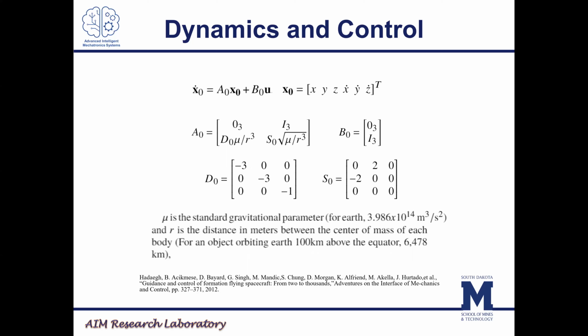So we're using Earth as our body. So we use mu, the standard gravitational parameter of Earth, and then the other parameter is the radius above the body which we're orbiting. So we've been using a 100-kilometer orbit, which is about the altitude of the ISS, for that total of 6,500 kilometers from the center of the Earth.